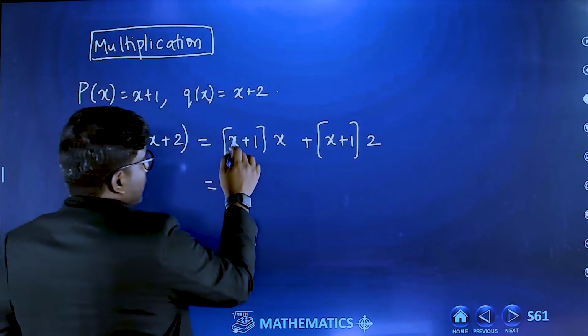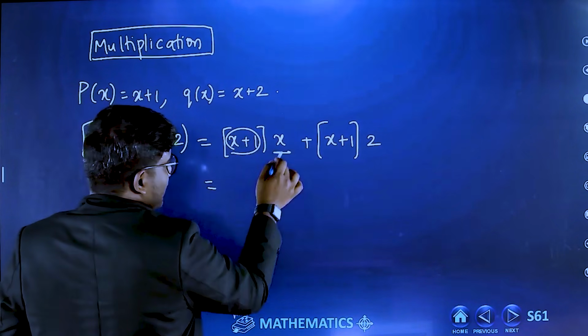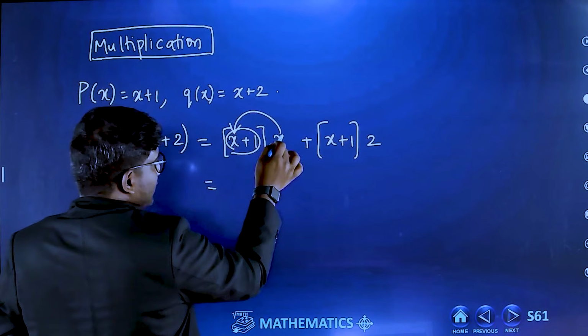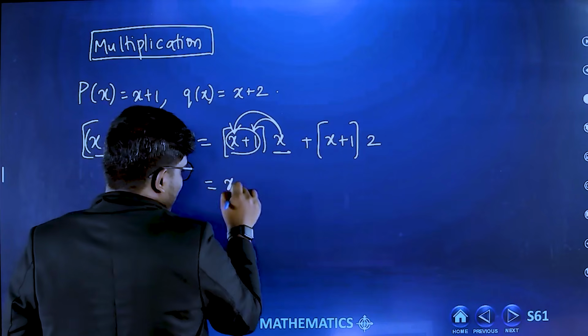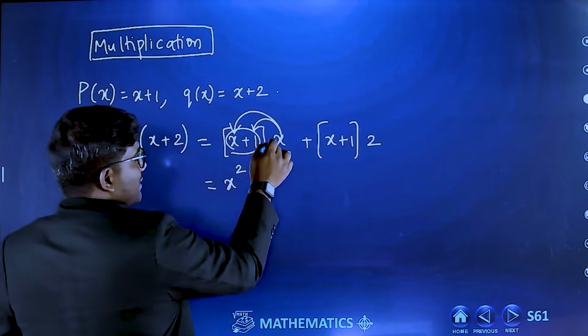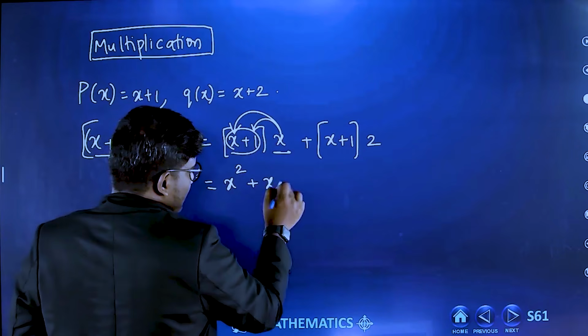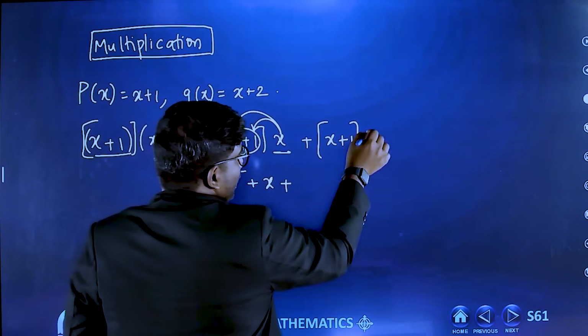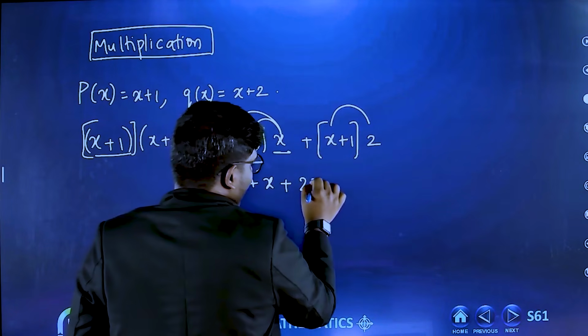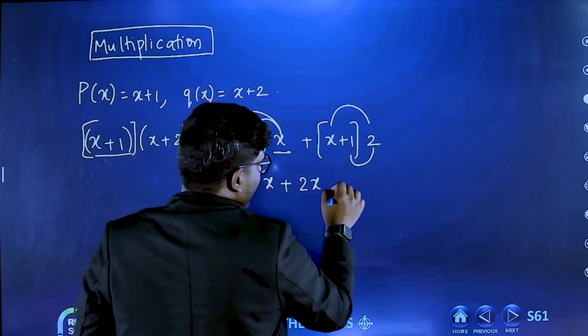Now, x plus 1 times x into x plus x into 1. X times x is x square plus x times 1 is x, right? After that, 2 times x is 2x and 2 times 1 is 2.